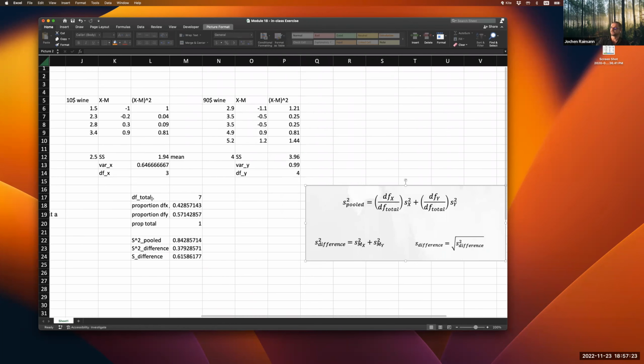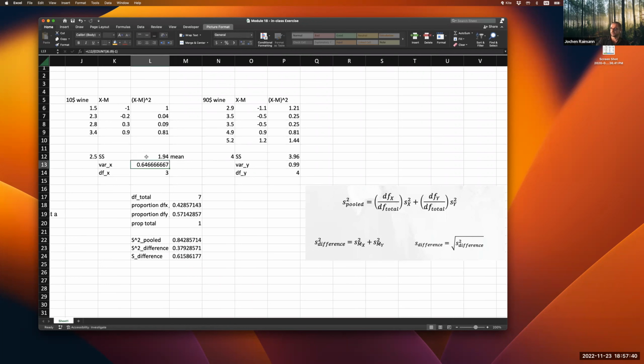So once again, we have two samples. We're calculating for each sample a mean. We're subtracting the individual score from the mean. We're squaring these individual differences, summing them up to get to the sum of squares. We get from the sum of squares to the variance.